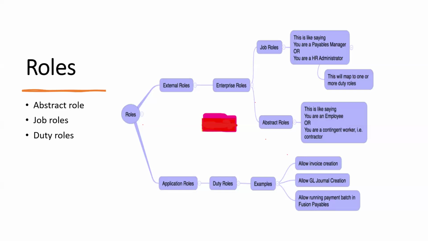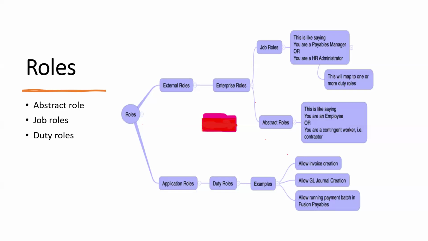A job role indicates your job position, whether associate, analyst, next level manager, or next level lead. That is your position at the enterprise level. Based on that, you can provide the job role and abstract role.